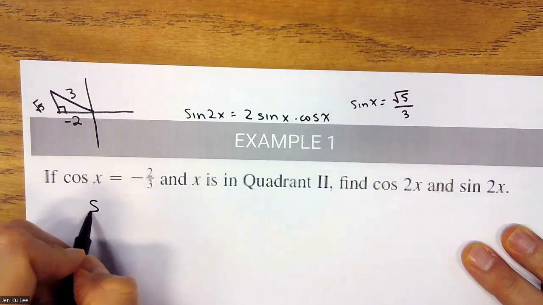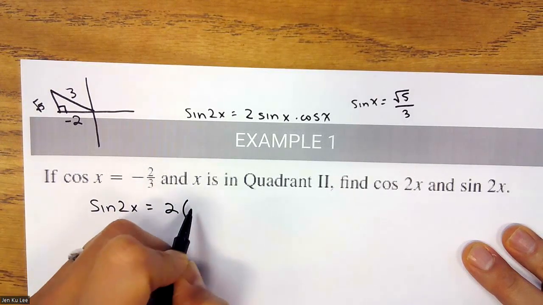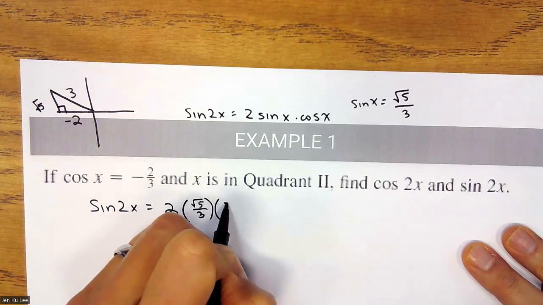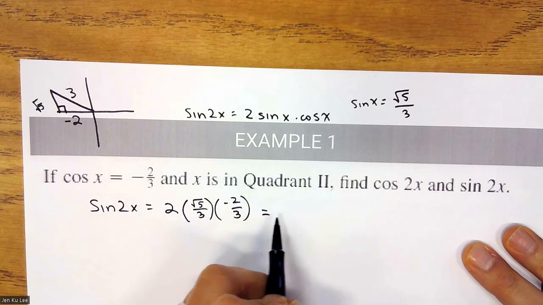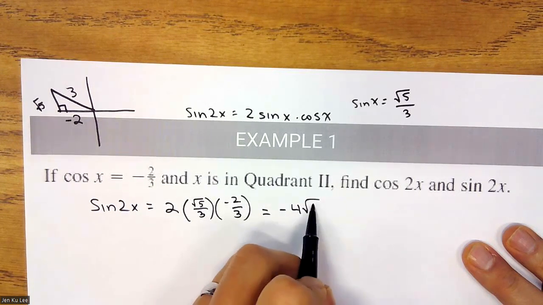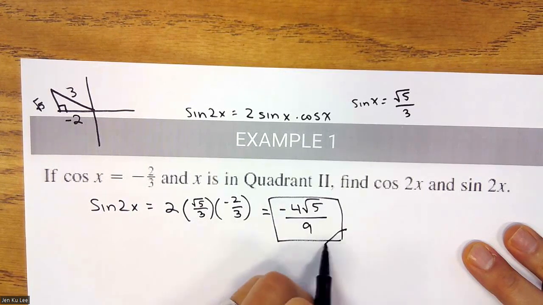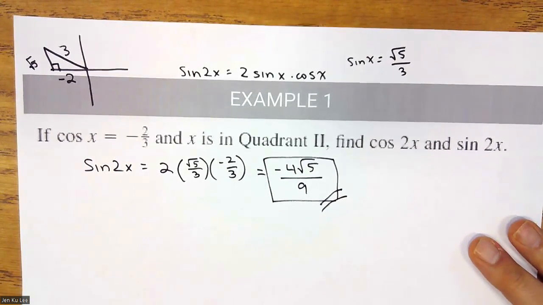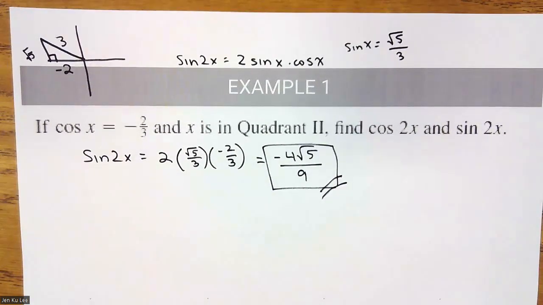And so if I try to get sine of 2x, that's just going to be 2 times square root of 5 over 3 times negative 2 over 3, which is negative 4 square root of 5 over 9. And you're done with sine of 2x. Okay?